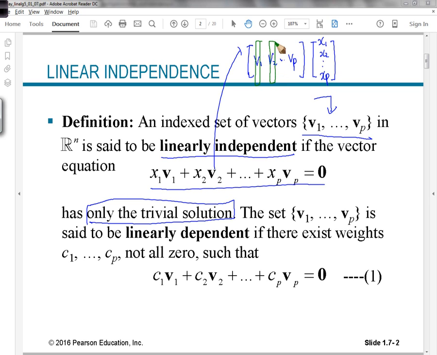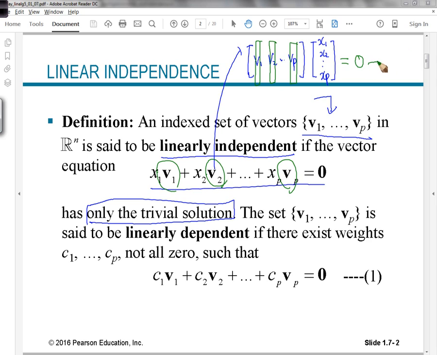Although I wrote it as one single notation, these are the vectors coming from these columns, and the linear combination coefficients, or our variables to solve, form one column vector. It should equal the zero vector.